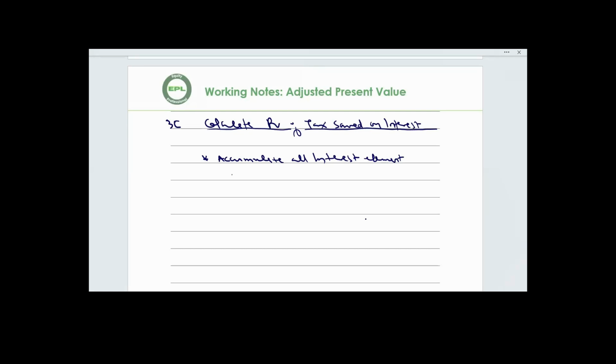For example, for the normal borrowing, what's the interest expense? You are going to multiply the gross finance required by the percentage of normal borrowing.